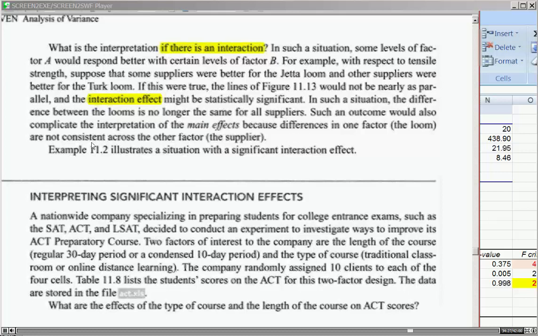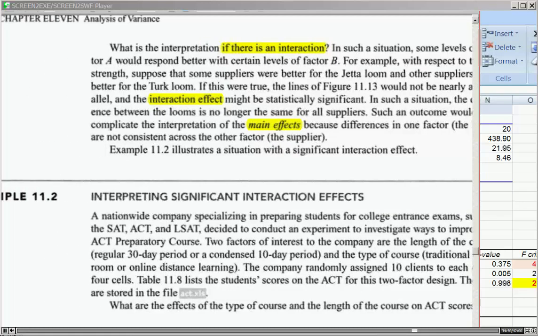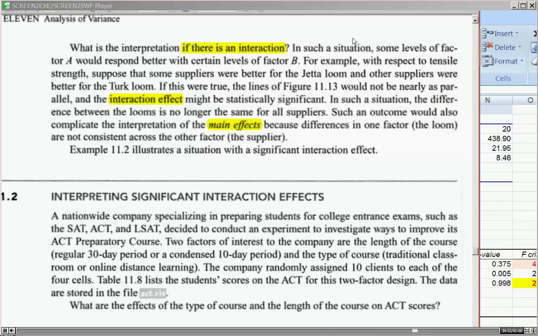Such an outcome would also complicate the interpretation of the main effects. They're hard to interpret when they depend on each other like that, because differences in one factor, the loom, are not consistent across the other factor, the supplier. Then I'm going to show us another example which does not involve the parachutes and the looms.